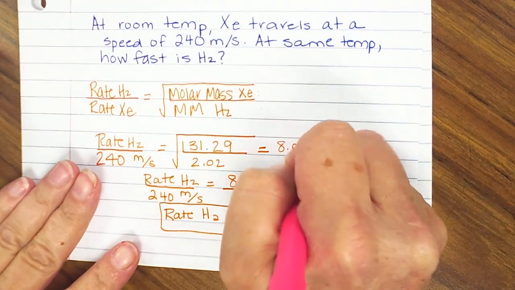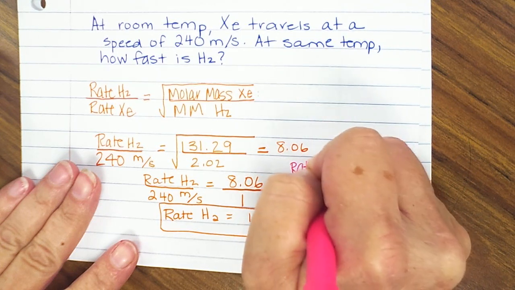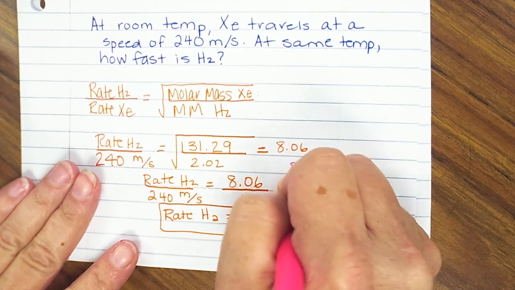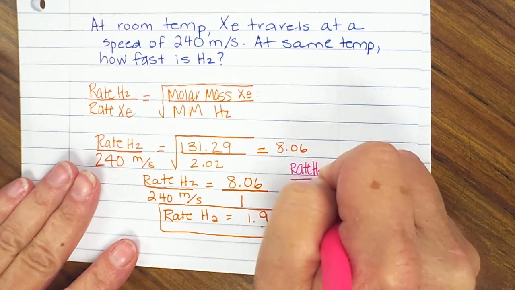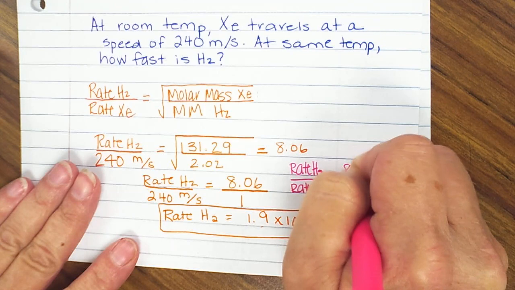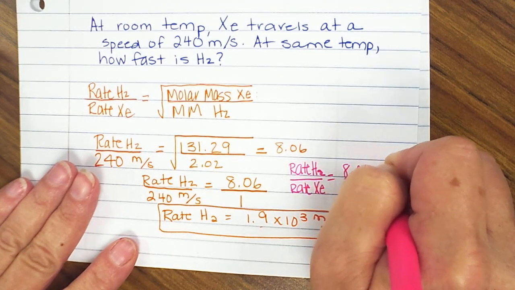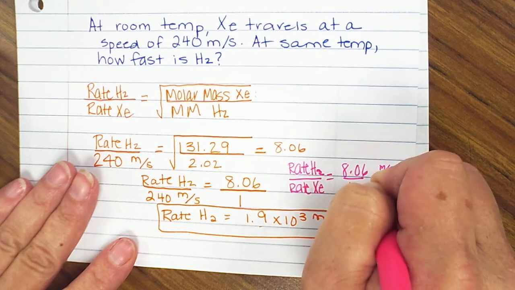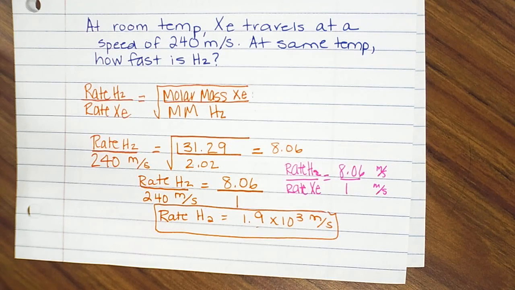I want to say the rate of hydrogen over the rate of xenon is equal to 8.06 over 1. And I'm just going to put a little meters per second over here. So we know that hydrogen is going to be faster because it's lighter and it's smaller, so we're all clear on that.